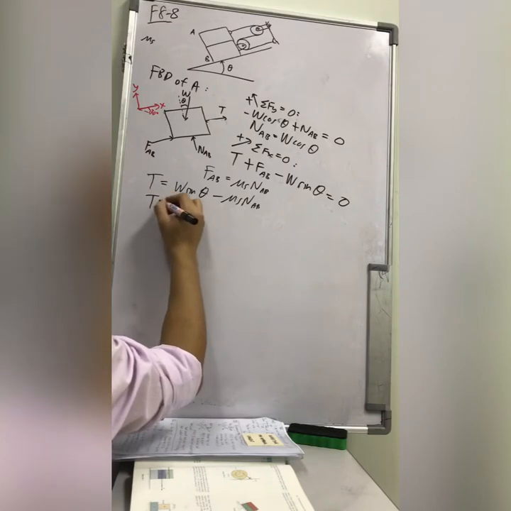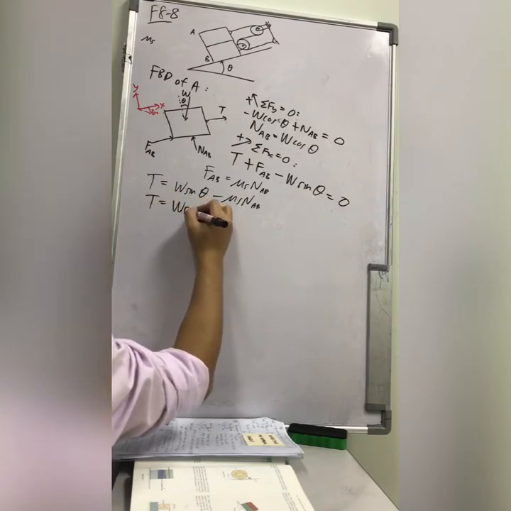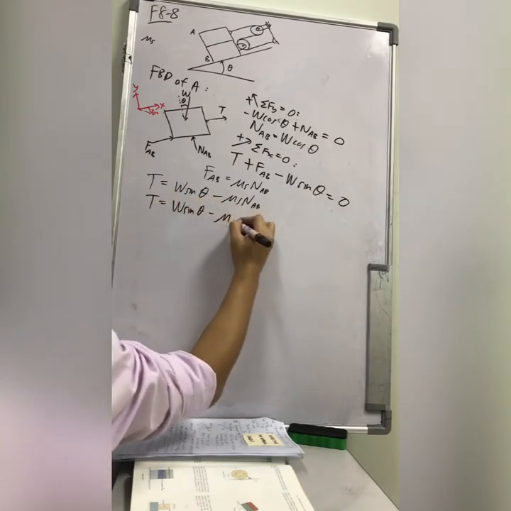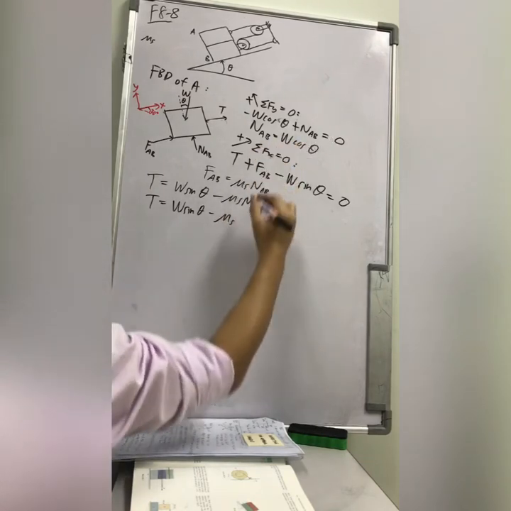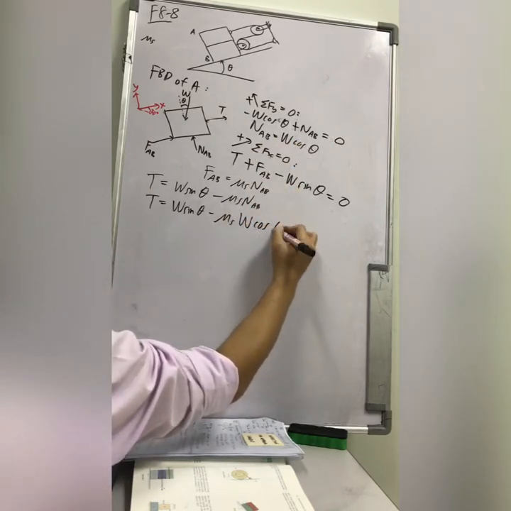To simplify further, N_AB is W cosine theta.